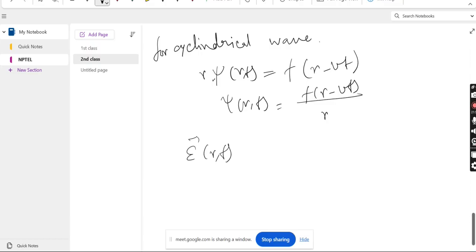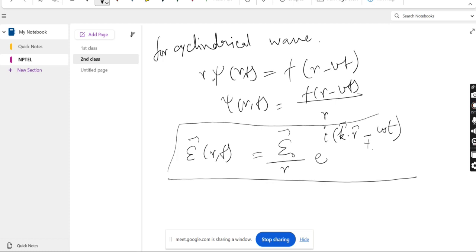So the electric field in cylindrical coordinates can be written as, by r, e to the power i k dot r, plus or minus. This is basically a form of a cylindrical wave.